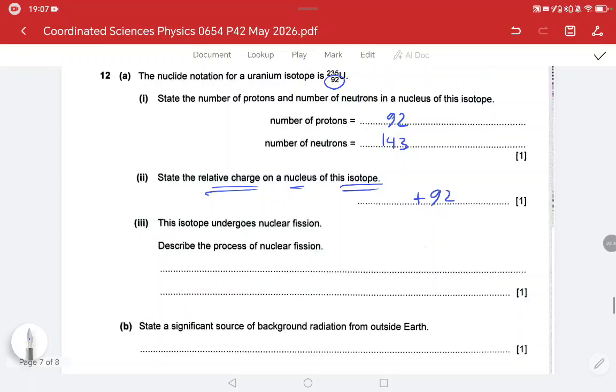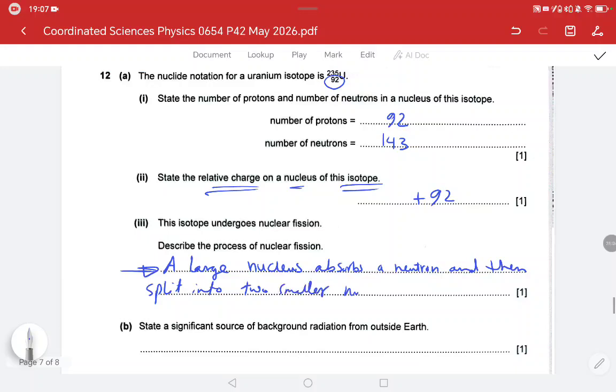So in fission, we have a large nucleus, and when it absorbs a neutron, it will then split into two smaller nuclei.